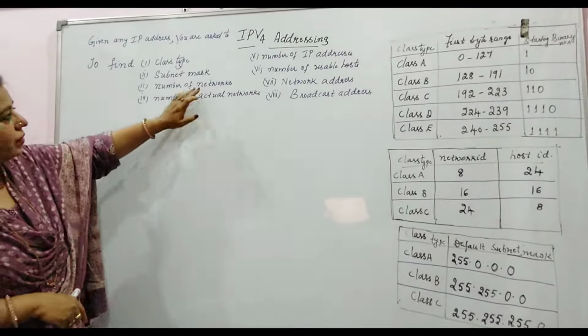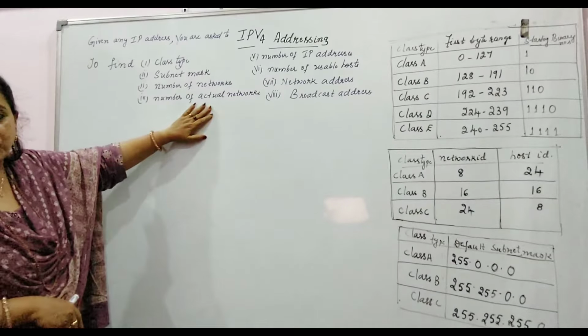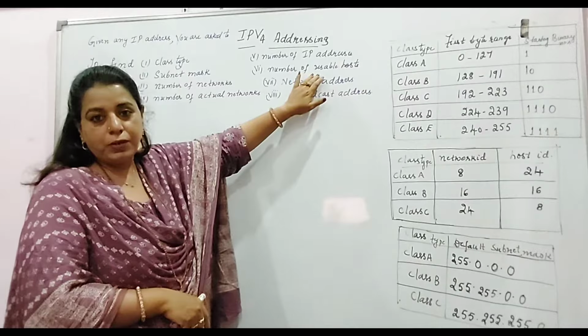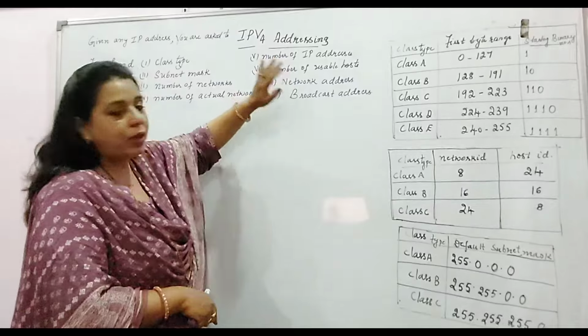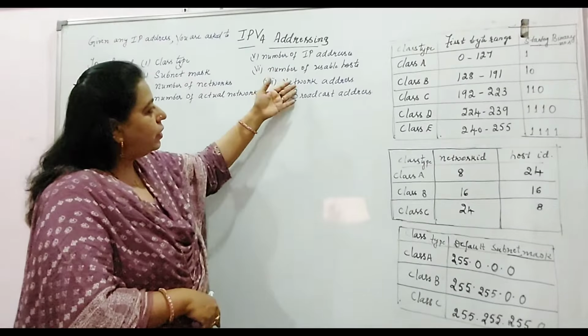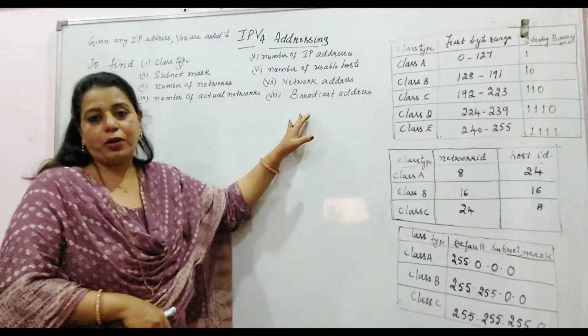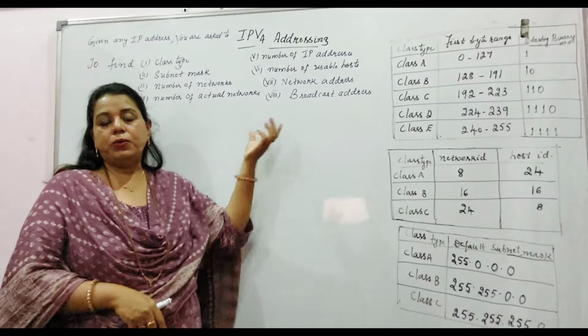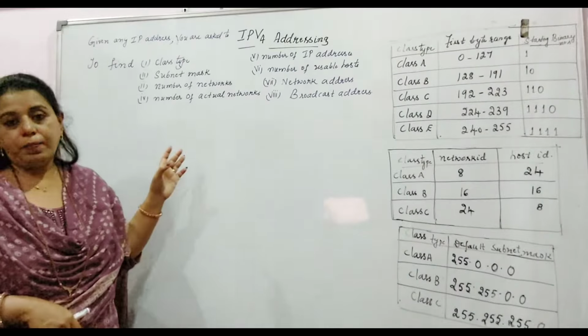I'll tell you the difference between the number of networks and the number of actual networks. Then the number of IP addresses and the number of usable hosts. Once again, here also I'll tell you the difference between these two. Then you need to find out the network address and the broadcast address. So almost, if you see, there are 8 different components you can determine from a given IP address.